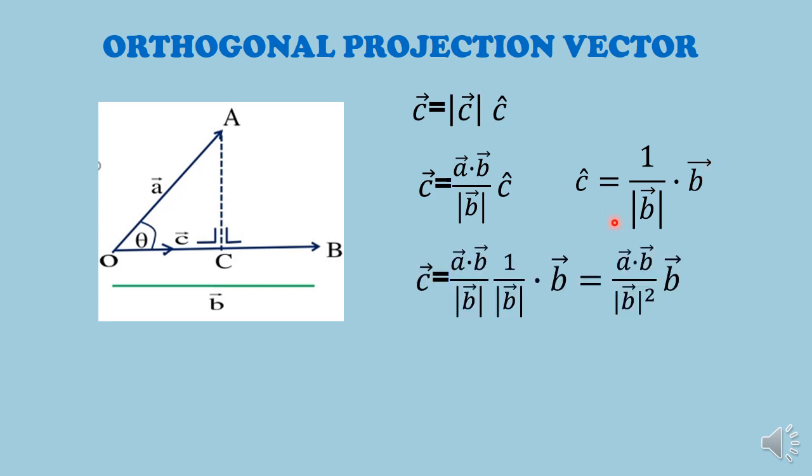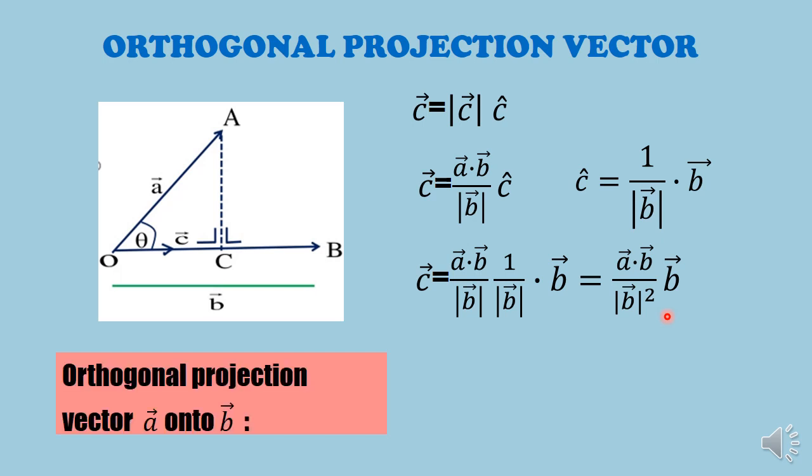So if I replace vector C, we have this: vector C is A dot B divided by the length of B times 1 over the length of B times vector B. We can simplify this form into this. So this is the projection vector of A onto B. To summarize, the orthogonal projection vector of A onto B is this.